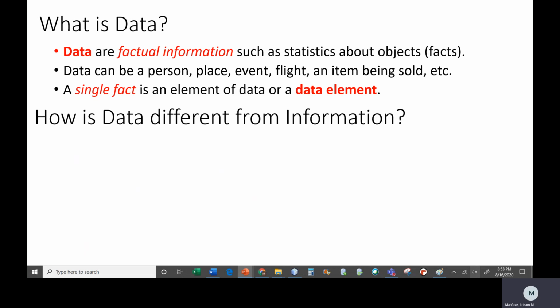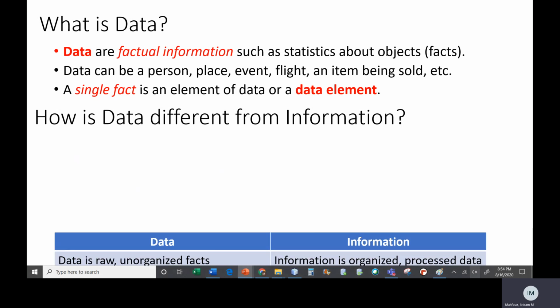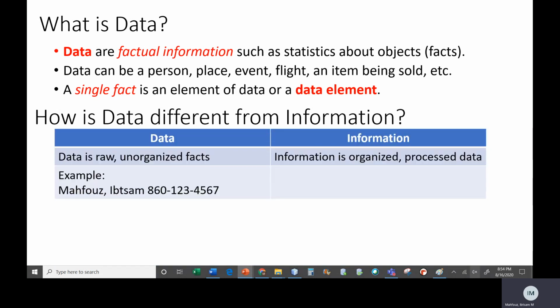So how is data different from information? After this slide, we're probably going to be talking about data and information interchangeably, but there is a slight difference between them. When we talk about data, we're usually talking about unorganized facts. When you do some experiments and collect data, you're just taking a lot of measurements and writing them under each other or putting them in a table.